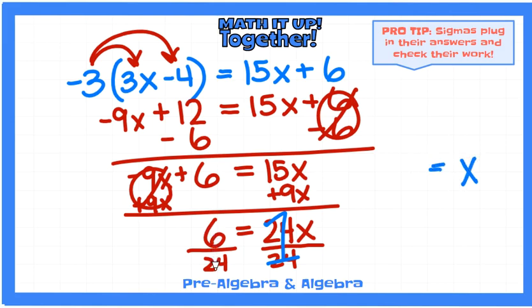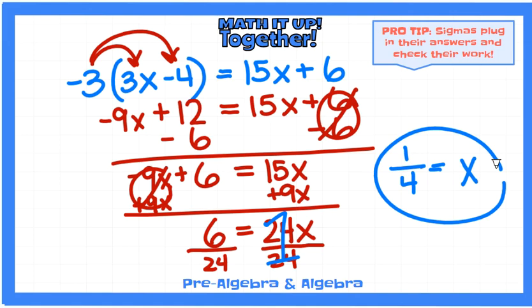And 6 over 24 is fine. I'm fine having a fraction. I don't want to turn it into a decimal if I'm not told to, but I do want to reduce it. So 6 goes into 6 once, 6 goes into 24 4 times, and there I have my answer.